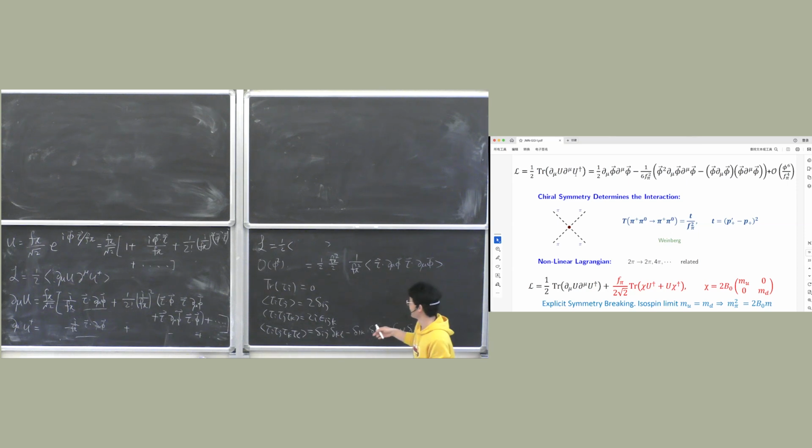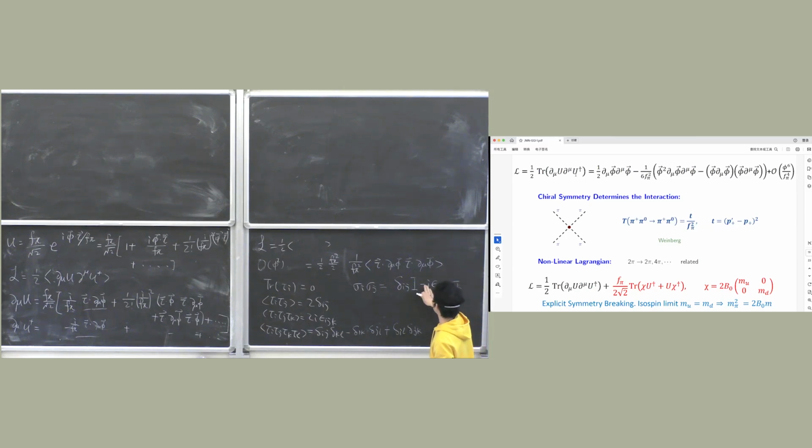You can find such relations on the website everywhere. The key point is that how to derive this one is not very hard. The key is this one: two Pauli matrices multiplied equal to delta ij identity matrix plus i epsilon ijk sigma k.